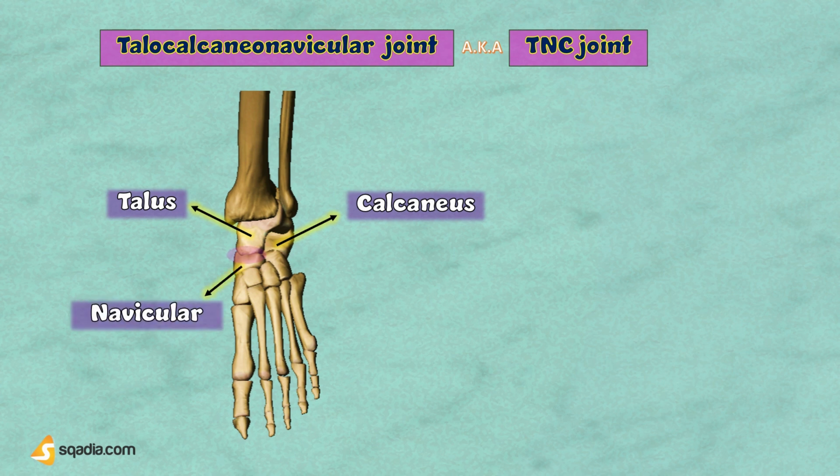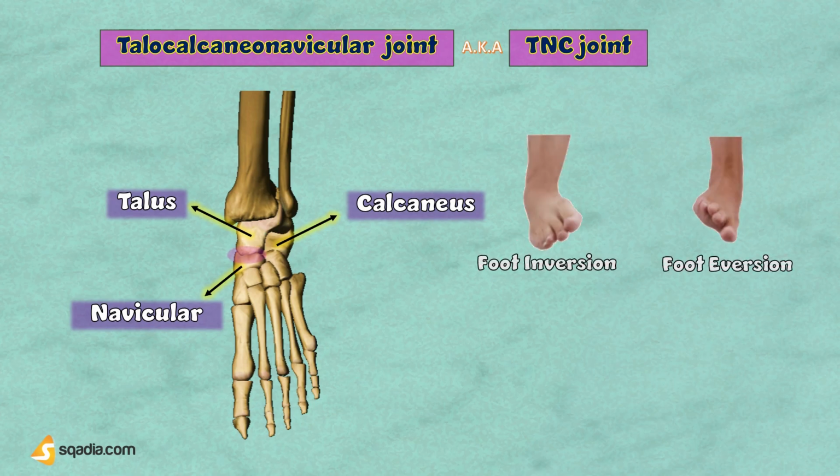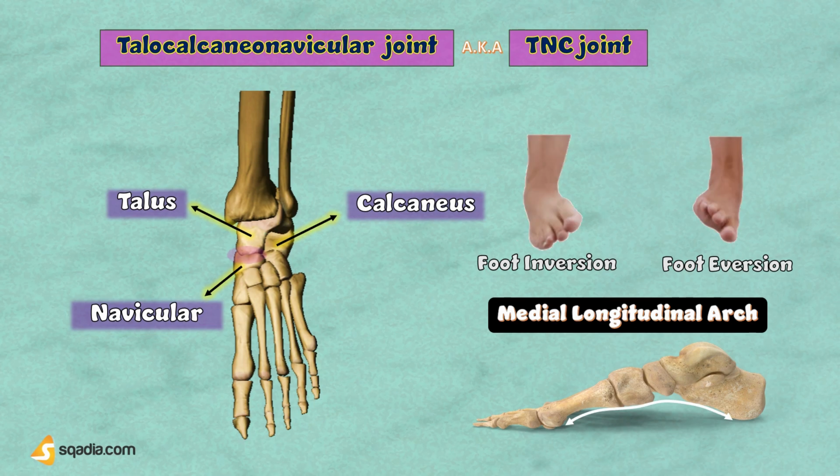The talocalcaneonavicular joint allows gliding and rotation movements, which together with similar movements of the subtalar joint are involved with inversion and eversion of the foot. It also participates in pronation and supination. The TNC joint is responsible for providing stability to the medial arch of the foot. It is an essential joint in weight bearing and helps to distribute the weight of the body evenly across the foot.